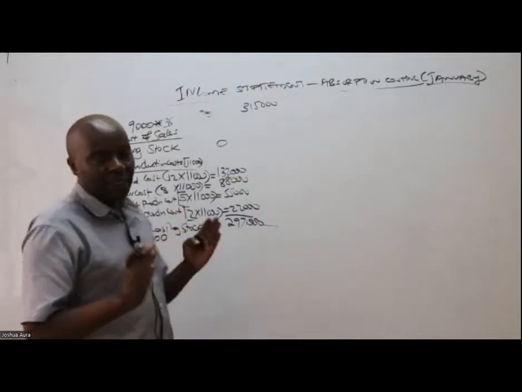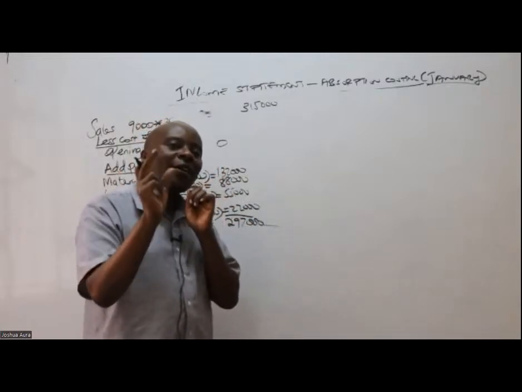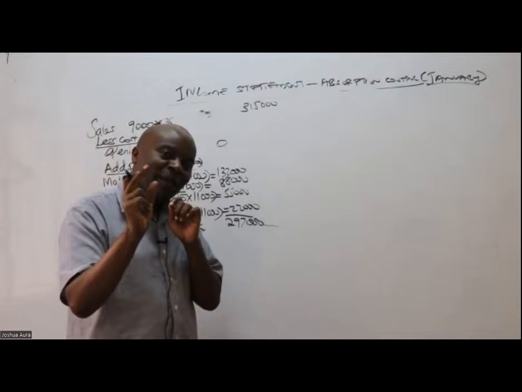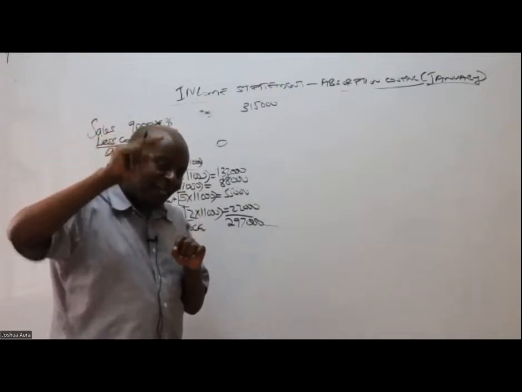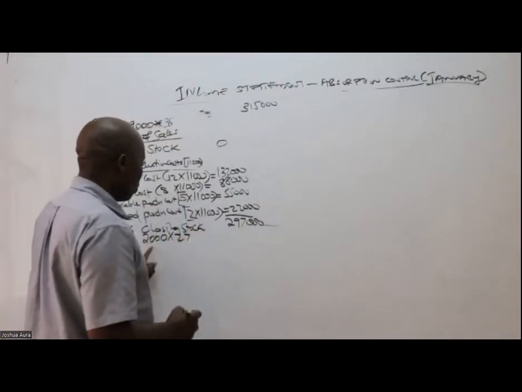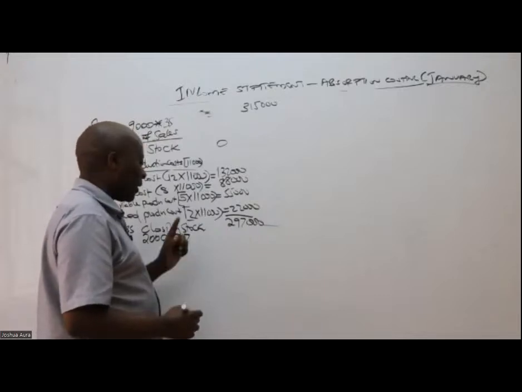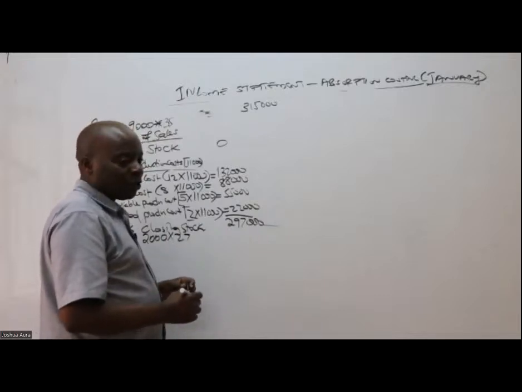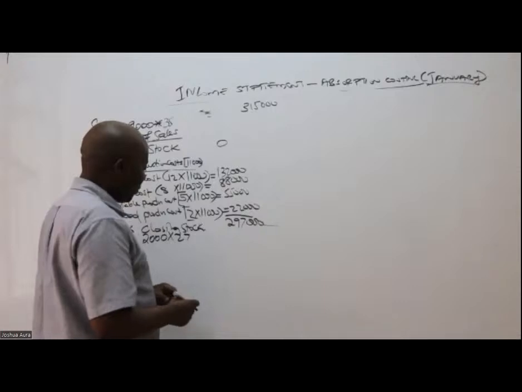Remember, as I told you, closing stock is always valued at the standard cost card value, the total figure for the standard cost card. In this particular case, it gave us 27. So what is 2,000 times 27?